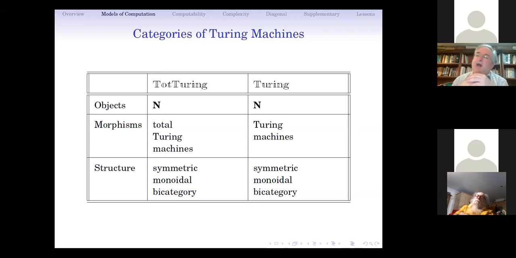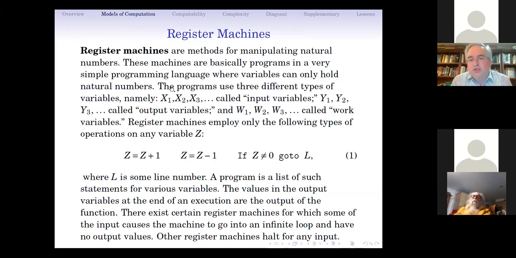I don't care how many work tapes you have, but if you have k work tapes in one and k prime work tapes in another, you're going to have k plus k prime work tapes in both. So it does form a symmetric monoidal bicategory. Same thing with the total Turing machines. Let's go on to register machines.